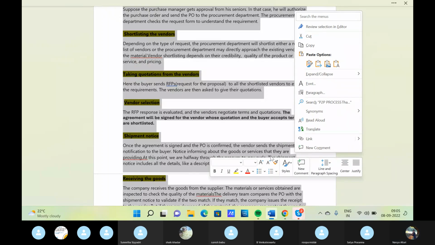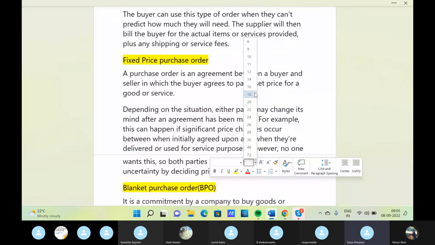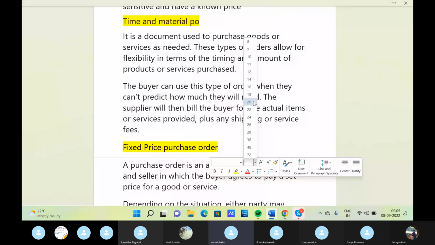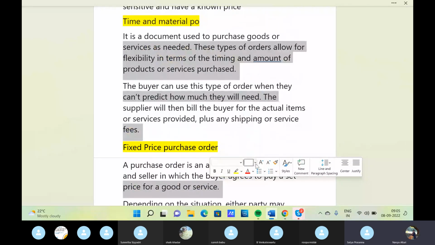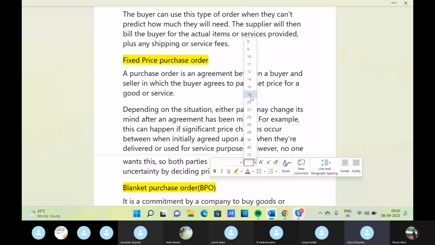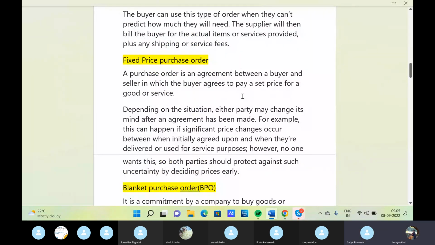Go to font. It is 18. Visible. 18 is fine. Okay, done.